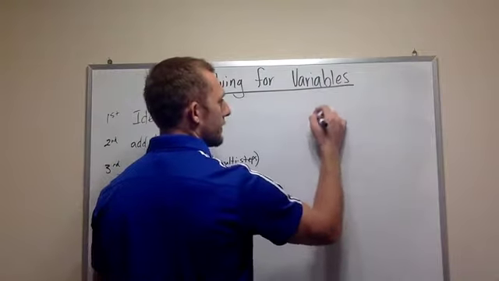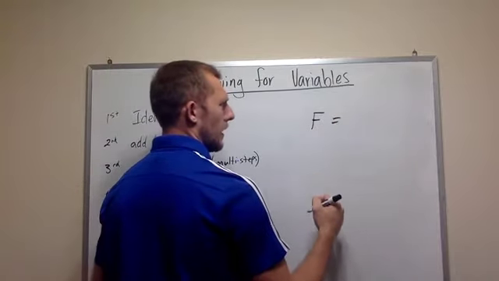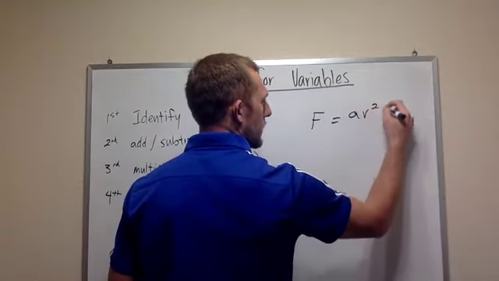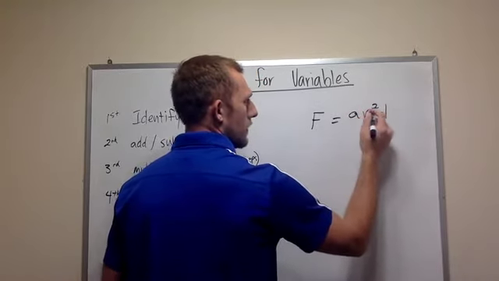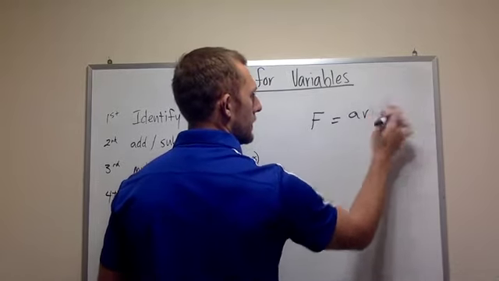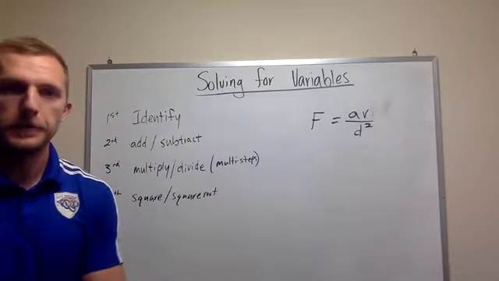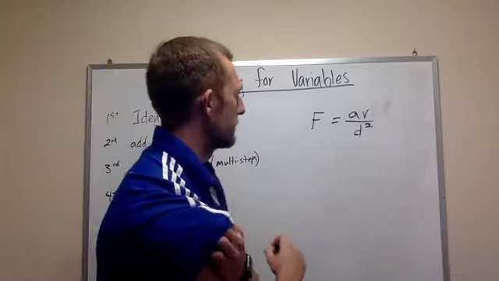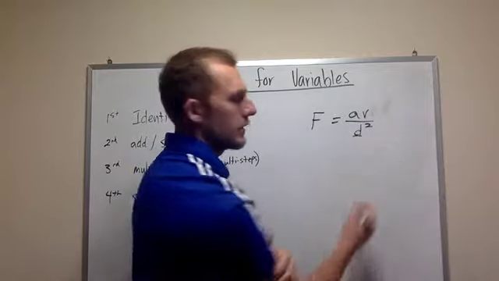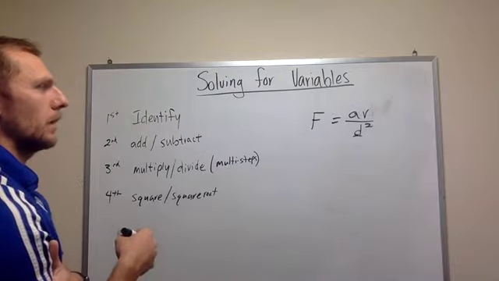So let's say we have our force equals AV all over D squared. Okay, so let's go ahead and look at this. First things first, I want to solve for D. That's the one I have to get on its own. So let's go ahead and see what we can do.